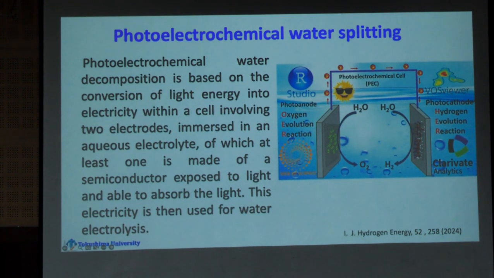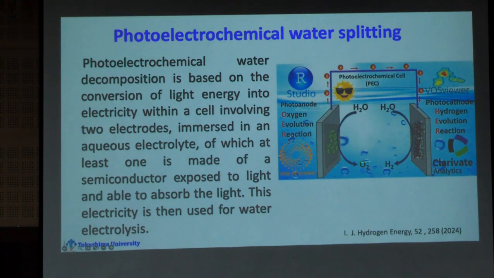So we are in search of photosensitive material. If this electrode is photosensitive, then the process of production of hydrogen will be very fast. That's why we are looking for some kind of photosensitive electrode.